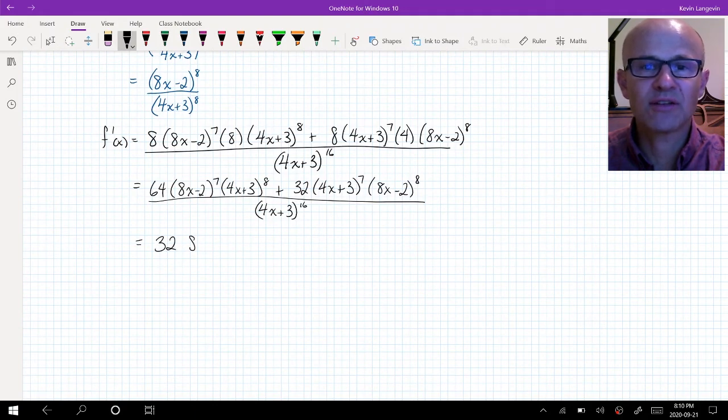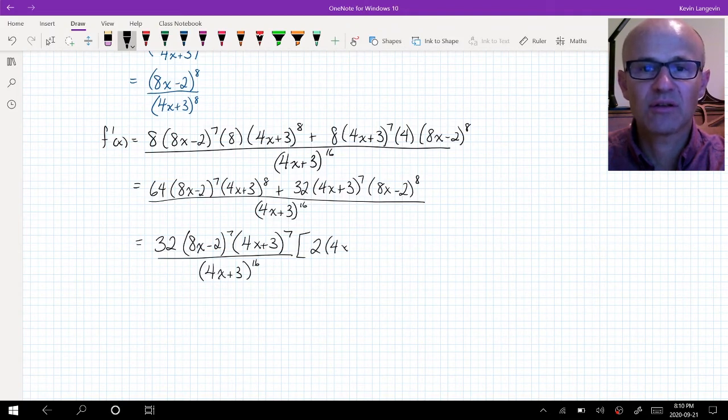From the top, I can factor out a 32. I can factor out 7 of the 8x minus 2s, 7 of the 4x plus 3s, leaving me with just a 2, a 4x plus 3, a minus sign, and an 8x minus 2. The 4x plus 3, top and bottom, cancel, reduce, and then I end up with my final answer here.